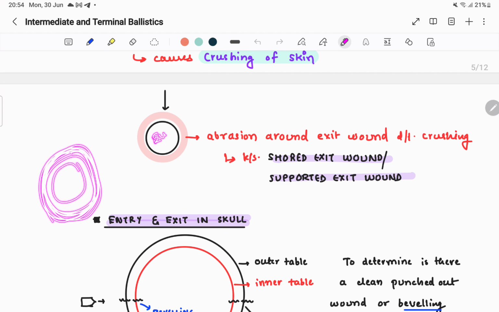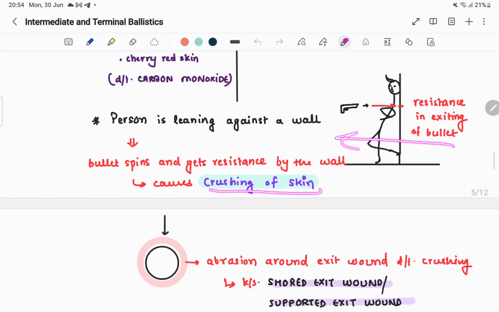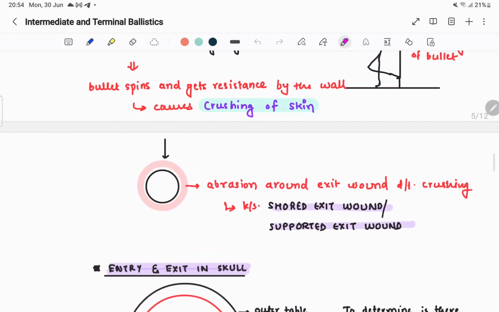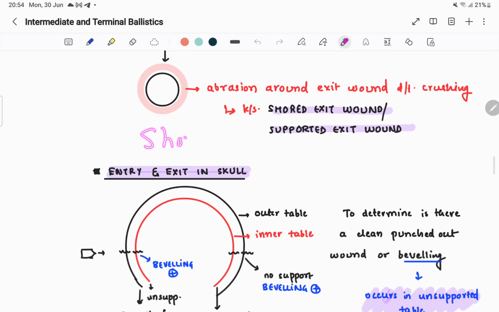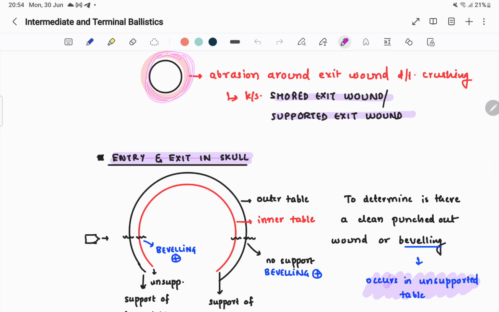This is the exit wound. Due to crushing of skin. Why is there crushing of skin? Due to resistance in exiting of the bullet. This is called shored exit. Shored exit is basically an abrasion around the exit wound due to crushing.